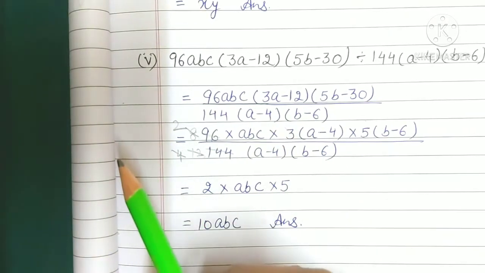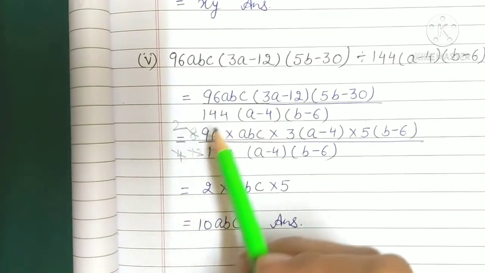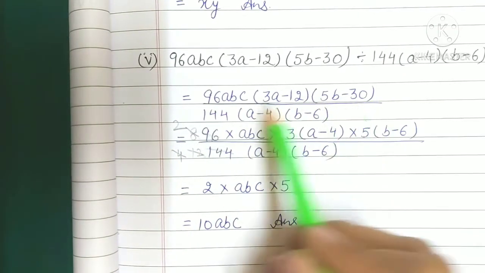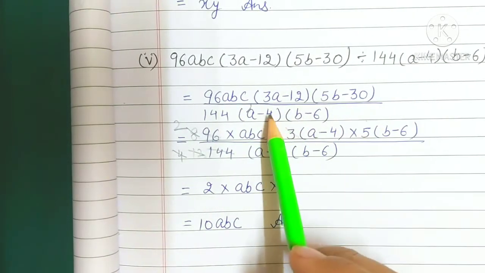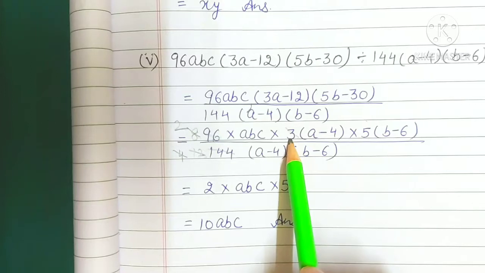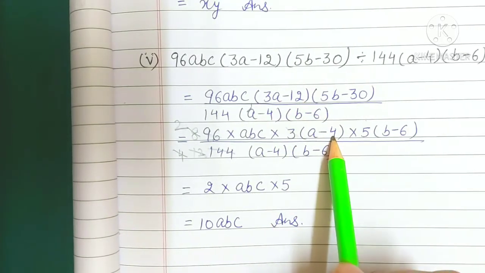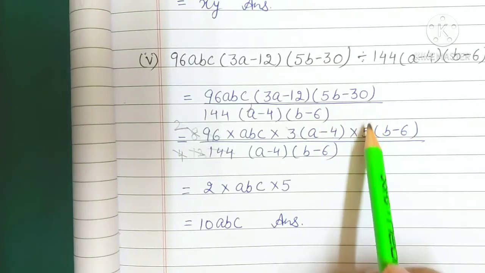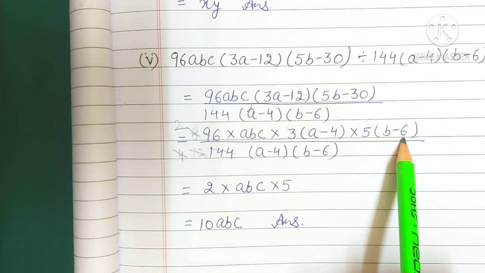So students, now the fifth part: you can see the denominator and numerator both are written. Now we will just see what the common factors are. For that, first of all, in the numerator I can write 96 multiply ABC. From this bracket we can take 3 common. If I take 3 common, then A minus 4 will be left. From this bracket, if I take 5 common, then B minus 6 will be left.